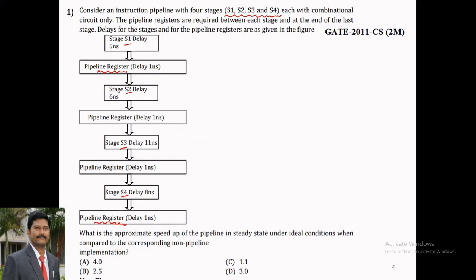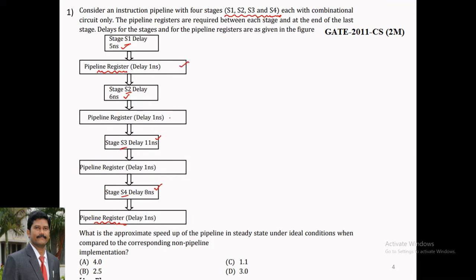Delays for the stages and for the pipeline registers are as given in the figure. Stage S1 will take 5 nanoseconds, stage S2 will take 6 nanoseconds, stage S3 will take 11 nanoseconds, stage S4 will take 8 nanoseconds, and each pipeline register will take 1 nanosecond.